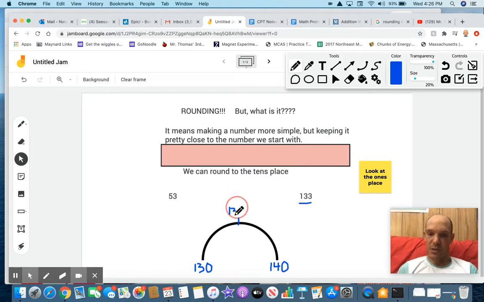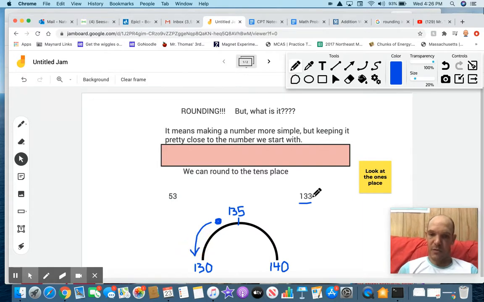And I want to just, for a moment, talk about the number 5 when we're rounding. So 5 is kind of an important number because if a number ends with a 5, if this happened to be 135, when it ends with a 5 and you're rounding to the tens place, it's always going to go this direction. But in this case, 133 is going to be over here. And so that would round to 130.